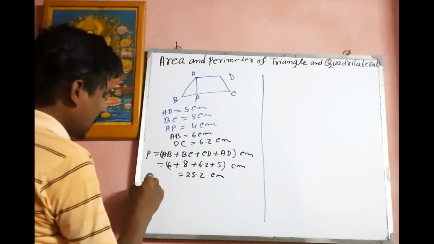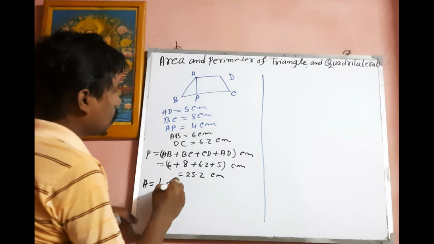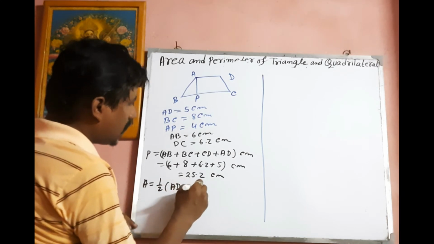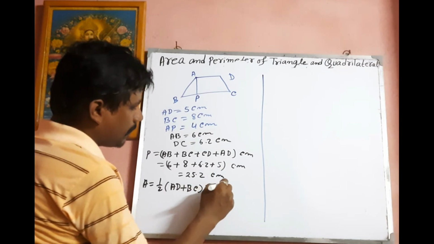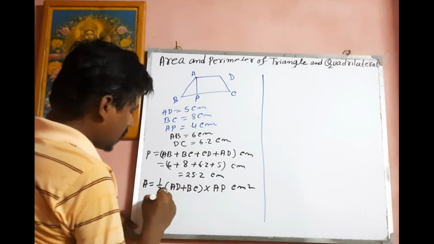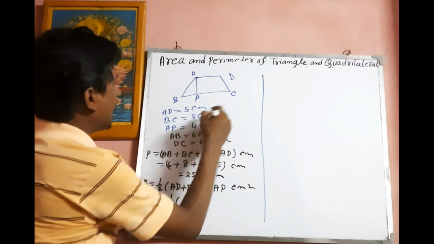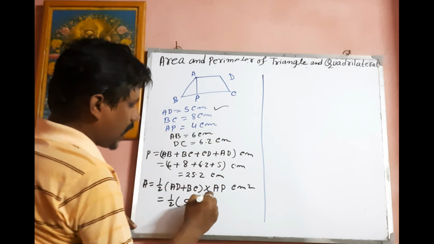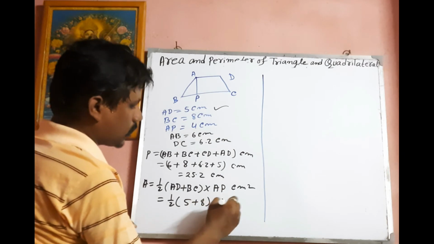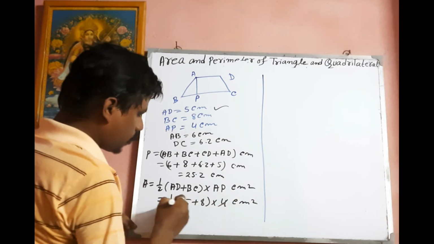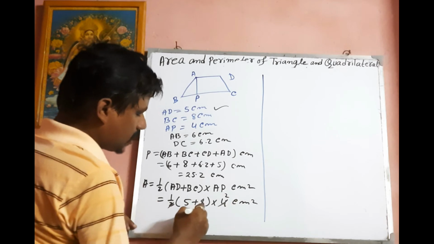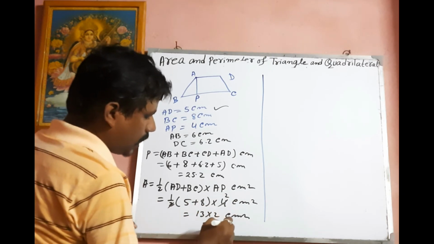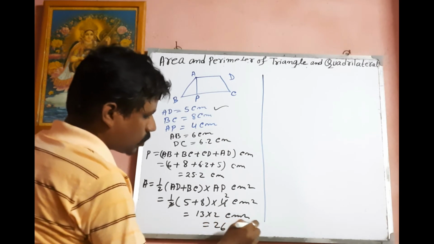And the area is equal to half into the sum of the parallel sides, that is AD plus BC, multiplied with AP, and this will be in square centimeter. So half into AD equal to 5 and BC equal to 8 and AP equal to 4, square centimeter. So 4 and 2 cancel. So 13 into 2, square centimeter. So this will be 26 square centimeter.